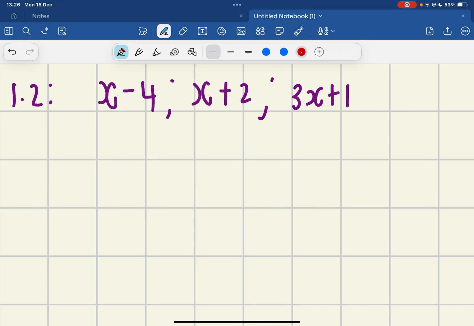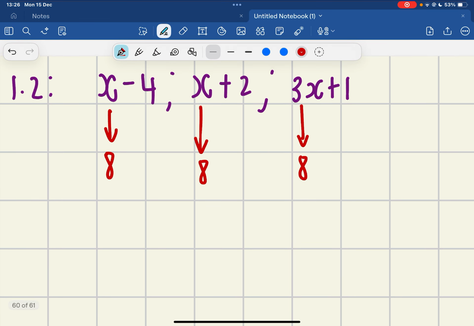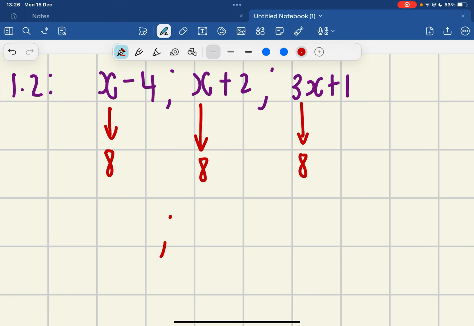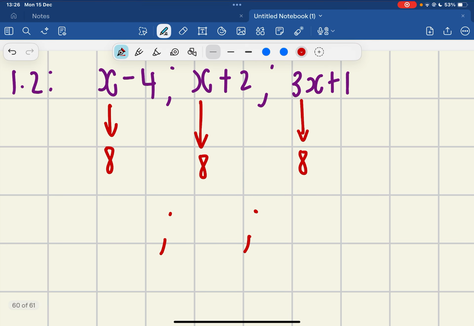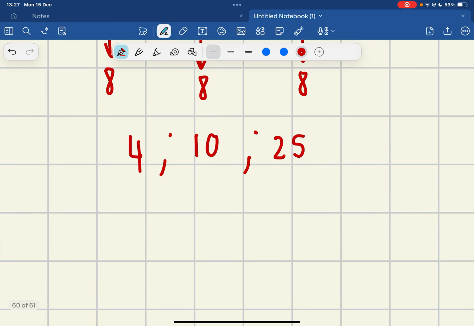Where you see an x, just put in 8, put in 8, put in 8, and we'd be able to tell T4, T5, and T6. So we have 8 minus 4 for T4, which would give us 4, and then 8 plus 2 is 10, and then 24 plus 1 is 25, and these are your respective T4, T5, and T6 values.